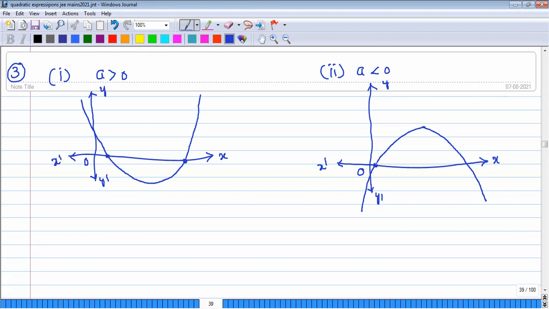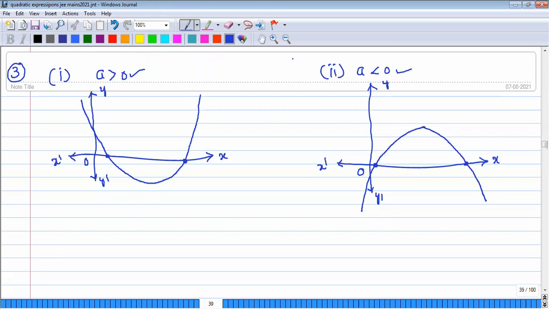Here also intersecting at 2 points, not touching. So that means your point is correct. B square minus 4ac is greater than 0, then the graph of y is equal to f of x intersects the x-axis in both the cases, whether a greater than 0 or a less than 0. By means of these two graphs, we conclude that b square minus 4ac is greater than 0, and the graph intersects the x-axis.